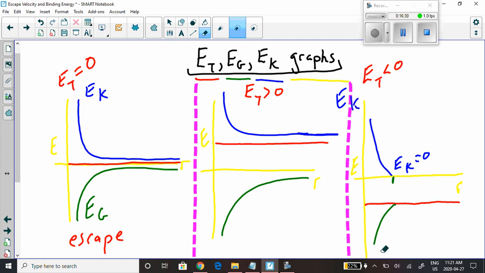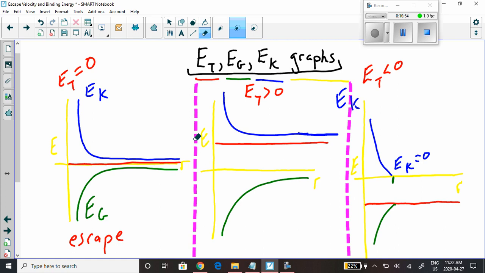So as it was being launched, the gravitational potential energy would increase until it gets to here. And then we stop graphing, because the object stops. It doesn't get any further away. It would eventually fall back down, not escaping.